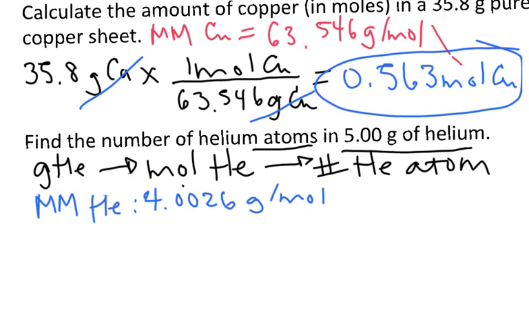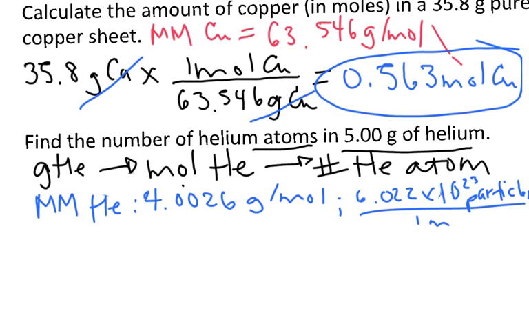And then remember, Avogadro's number is 6.022 times 10 to the 23 particles for every 1 mole. All right, I'm running out of room. I'm going to move this up.